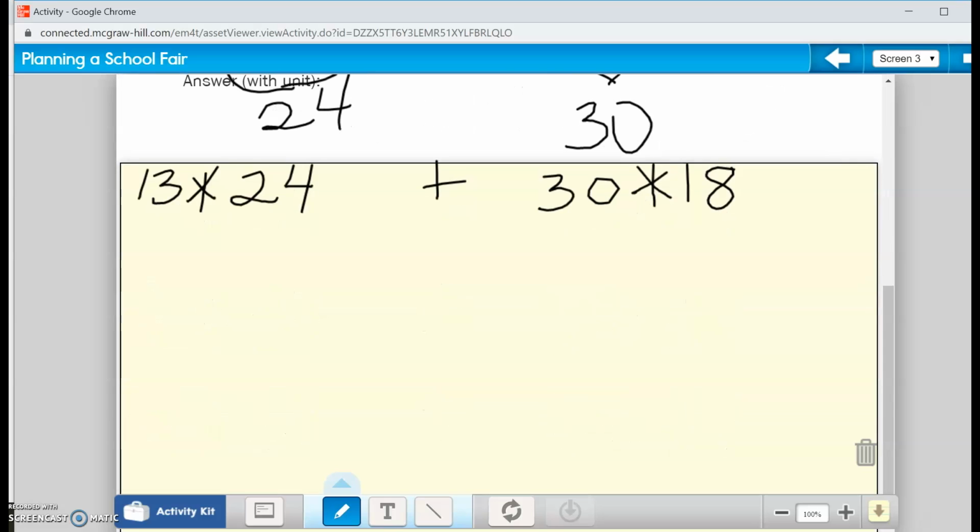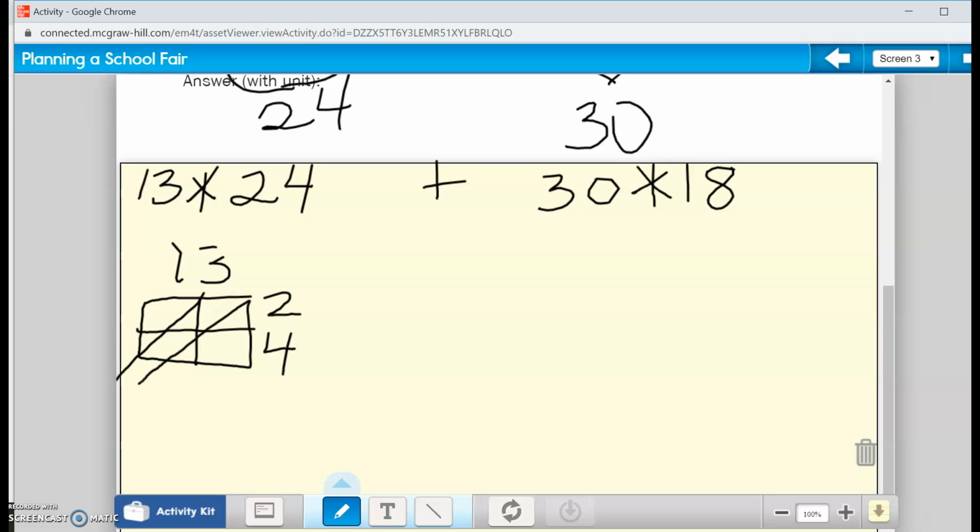So, 13. I'm making these too small for myself to write it. Okay, so 3 times 4 is 12. 3 times 2 is 6. 1 times 4 is 4.